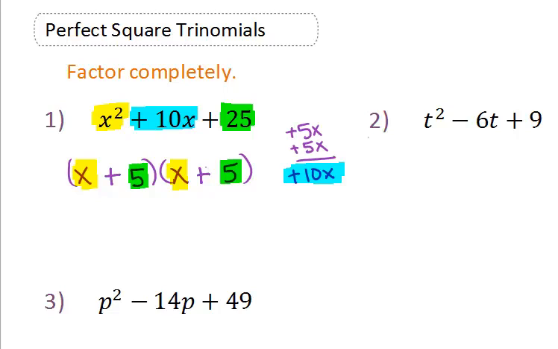Now we have factored this by unfoiling, but we have not factored completely. If we looked at our parentheses, we should notice that they are exactly the same. So this gives us x plus 5 quantity squared.